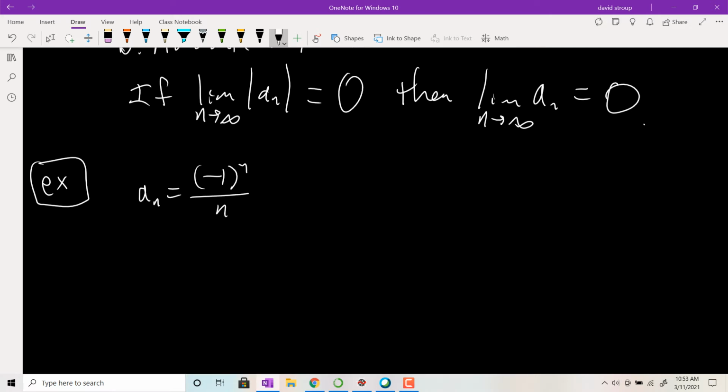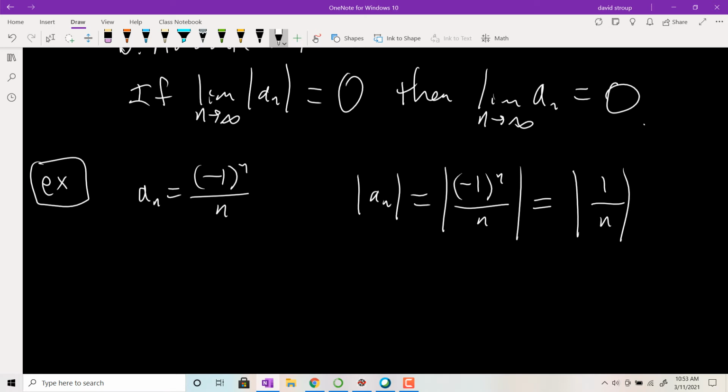And over here, let's look at the absolute value of a sub n equals the absolute value of negative 1 to the n all over n. I claim that taking the absolute values will clear out any of these pesky negative 1 to the n things. So automatically you can write 1 all over n, and then if n is always positive, you can reduce that to 1 over n. That's what I claim: the absolute value of a sub n is actually equal to 1 over n.